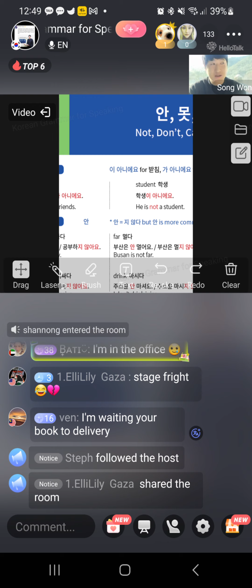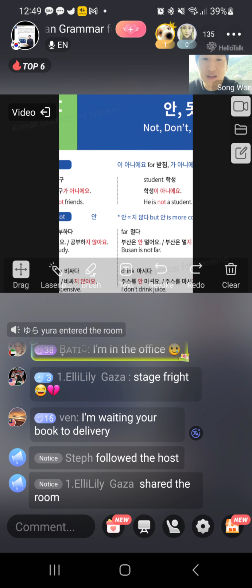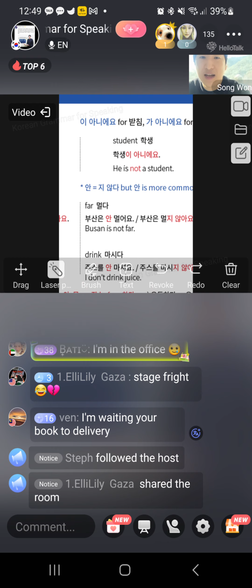And the second, use 이 아니에요 with bottom lettered words. It's called 받침, and some of you already know what 받침 is, the final consonant in English. I would just call it the bottom letter because it's at the bottom. As you can see here, 학생, this circle is located at the bottom, right?